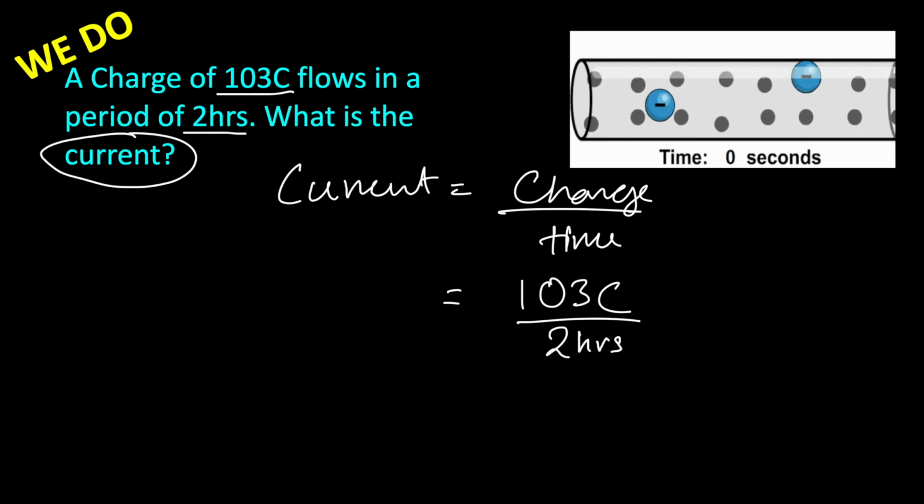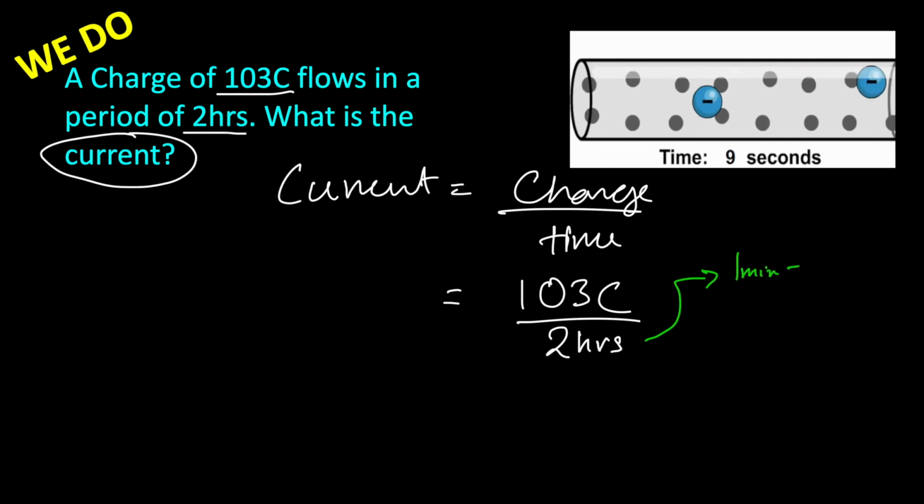As we noted before, time must be measured in seconds. Therefore, we need to convert 2 hours into seconds. First, let's consider 1 minute. 1 minute has 60 seconds, and 1 hour is equal to 60 minutes.